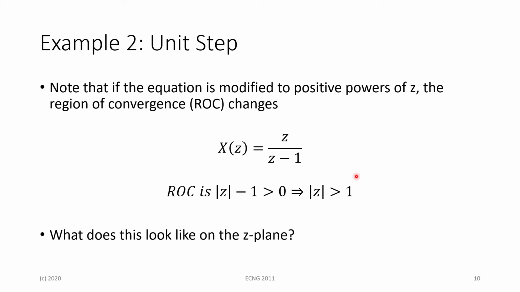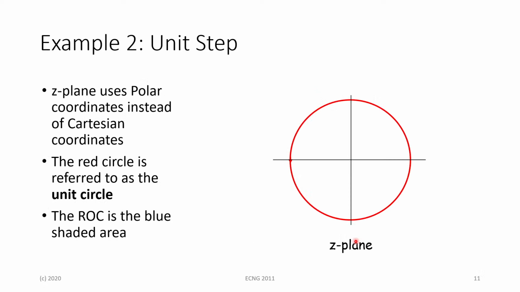Because it's a positive power of z here, let's actually observe what this looks like on the z plane. The z plane, instead of using Cartesian coordinates, which we are quite accustomed to, uses polar coordinates instead. Polar coordinates basically means that we have a circle, and the radius of the circle here, r, represents our region of convergence in particular.